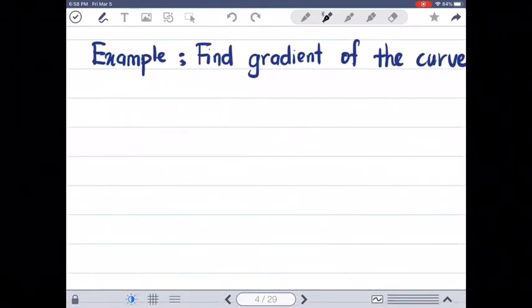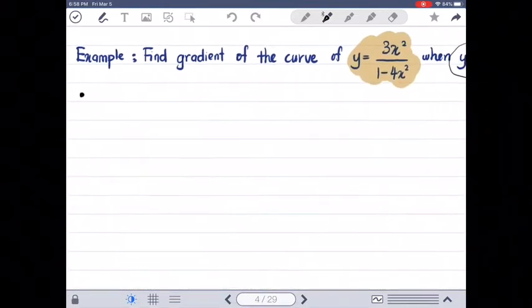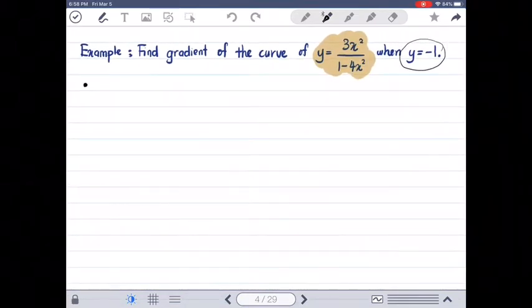So first, you need to find the corresponding value of x. So when y equals -1, we will have -1 equals 3x squared over 1 minus 4x squared.